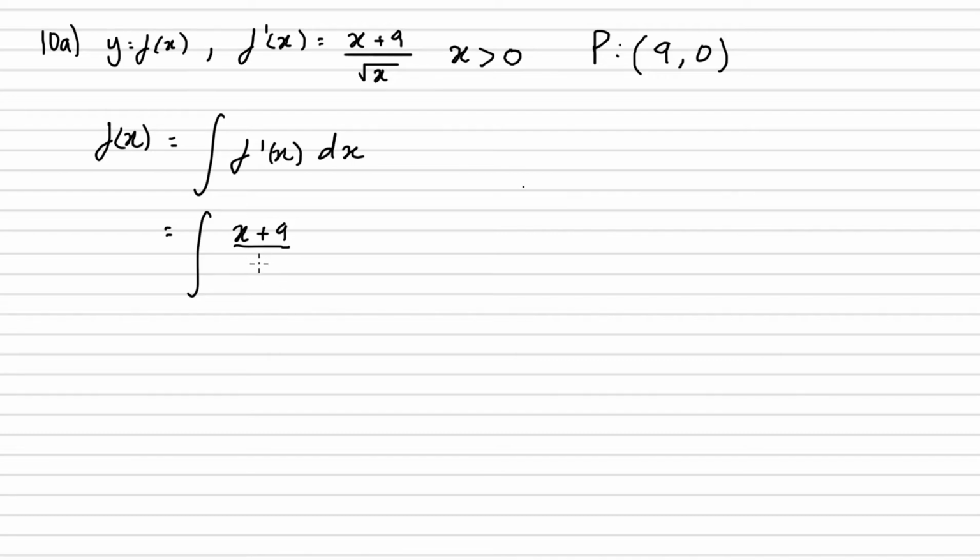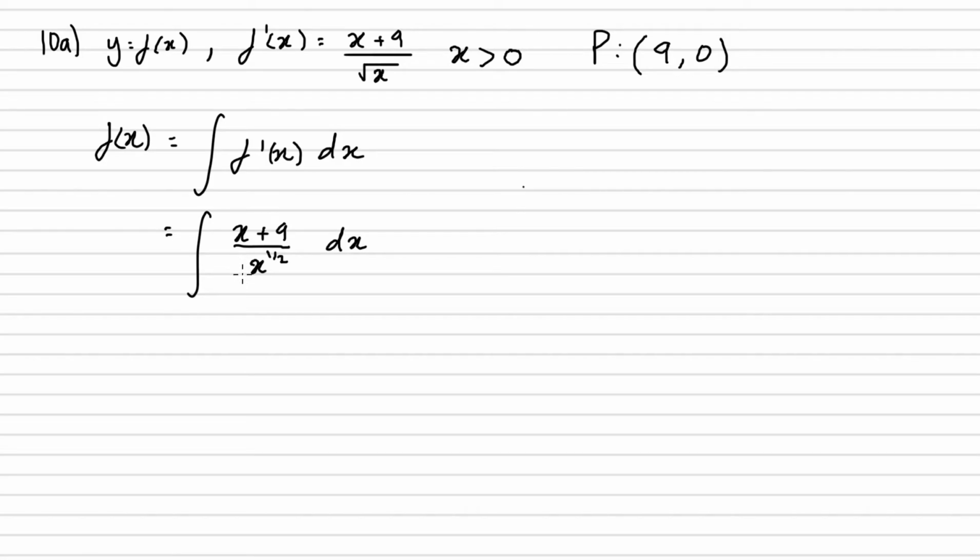Okay, but I'm just going to write the square root of x as x to the power of a half. So what we can do now is use our indices laws and split up this fraction, because the two terms on the top share the same denominator.